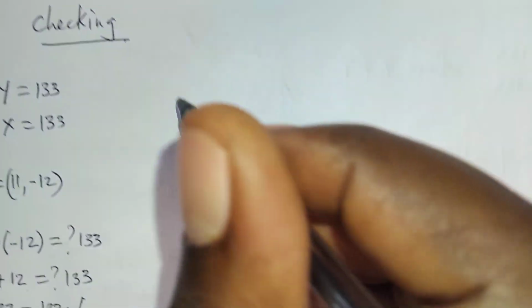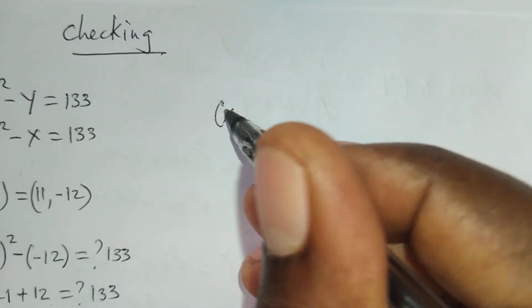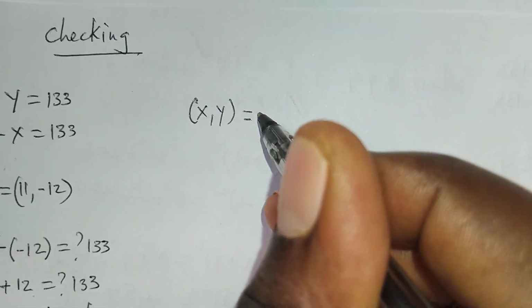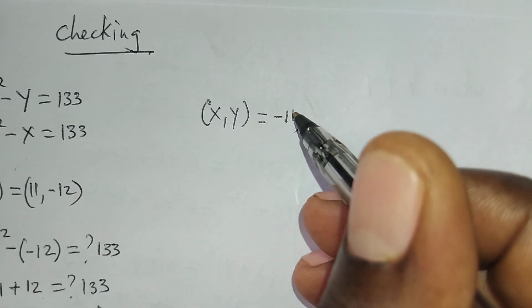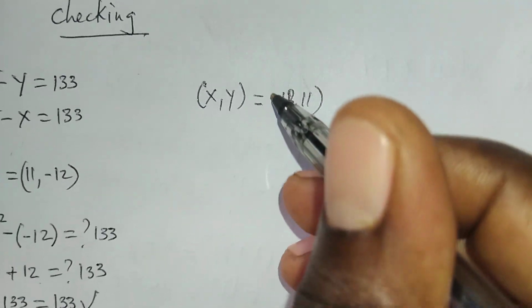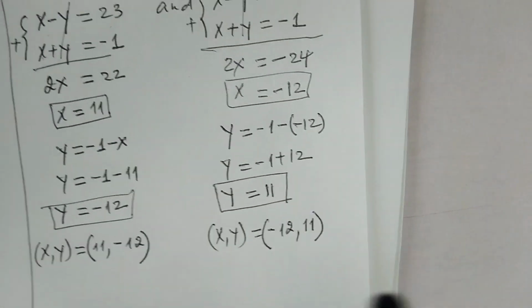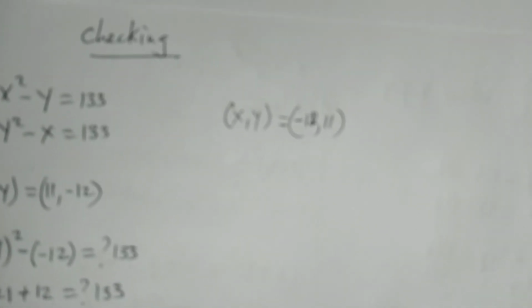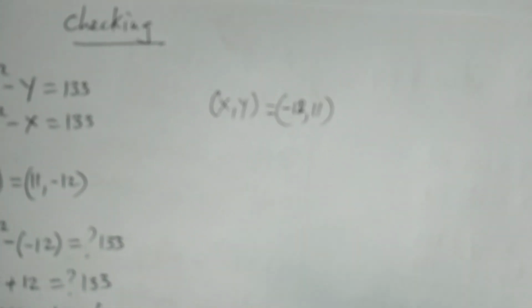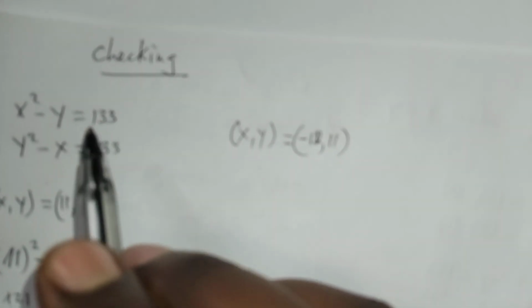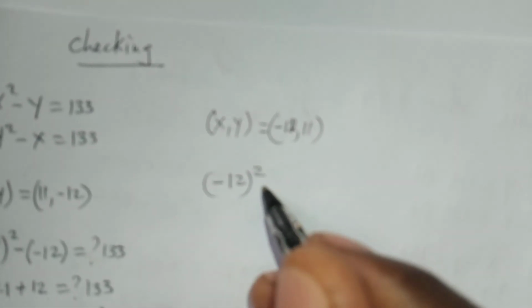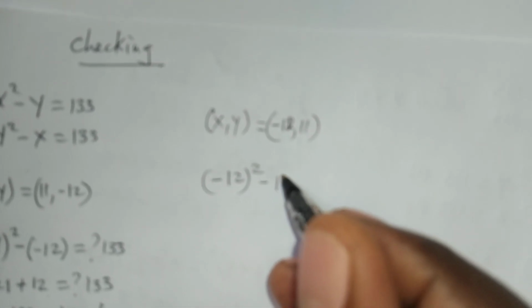And using solution x and y, which is equal to negative 12 and 11, let's also check. From equation 1, it is negative 12 square minus y, 11.